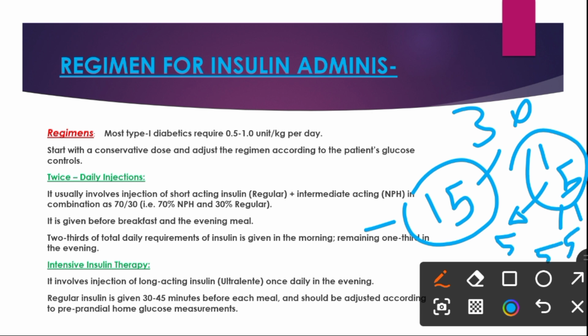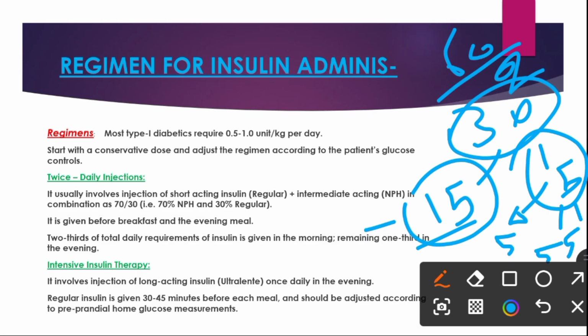So we divide the weight by 2, the figure which comes is 30, and we divide this 30 into 2 halves, where the first one is 15, and the second is also 15 units. So the first 15 units are given as a long-acting insulin, and the remaining 15 are given as a bolus insulin before each meal.